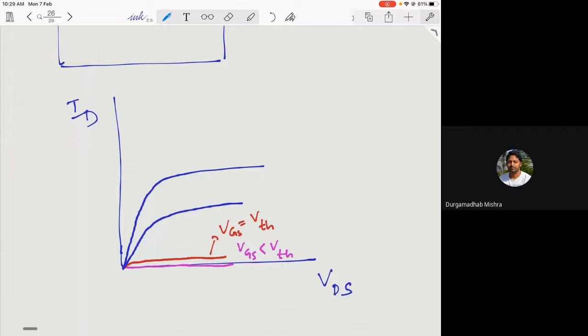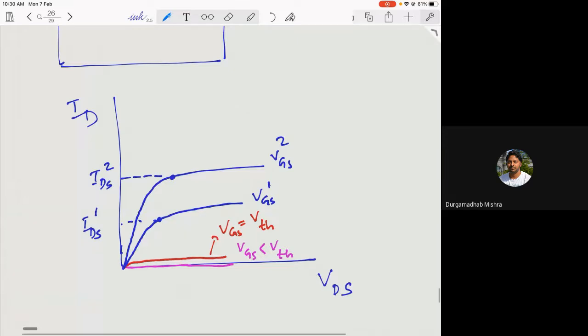So this is VGS 1, and let's say this is VGS 2, where I'm increasing the gate voltage. And the saturation currents are IDS 2, IDS 1, and so on. So this is how the characteristic would look for a MOSFET transistor device.